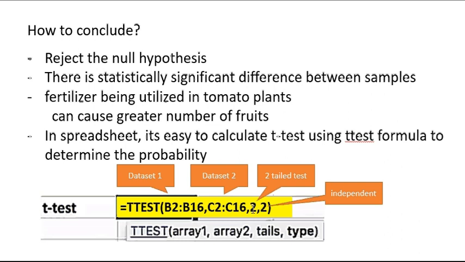The third parameter or argument is the tails. It is a two-tailed test. Meaning in the bell curve distribution, 0.025 is on one side, and another 0.025 is on the other side, which makes a normal distribution. So two-tailed test, and an independent sample as the type.